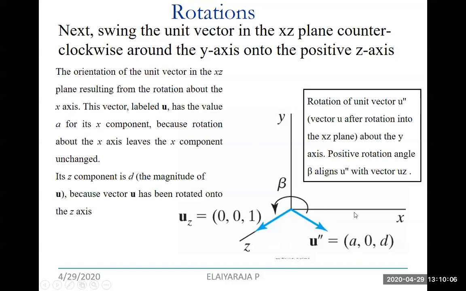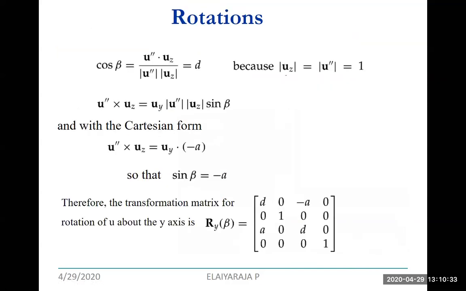Because we are doing the yz plane counterclockwise, so the x value is going to be 0. Then next we are performing the xz plane. In the xz plane, the x value is unchanged, a, the y value is 0, and the z component is the magnitude of u, that is the value d, which we calculated in previous calculations.